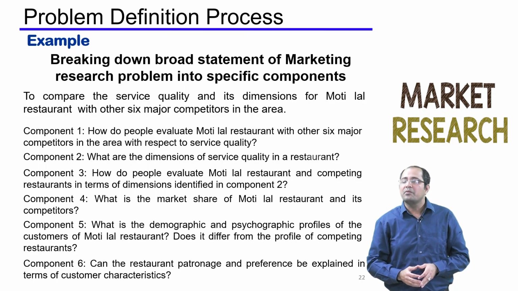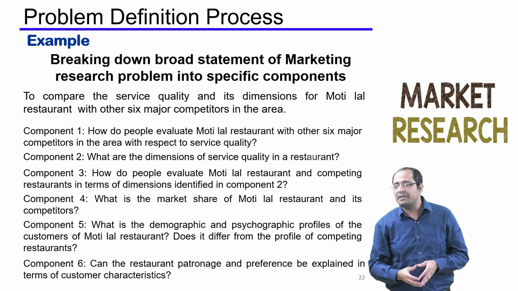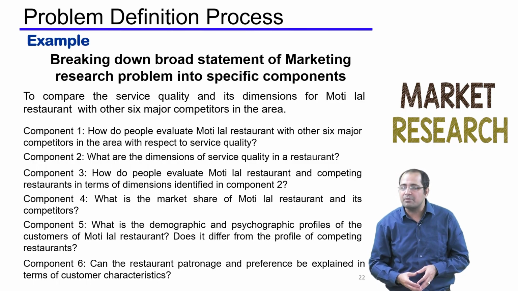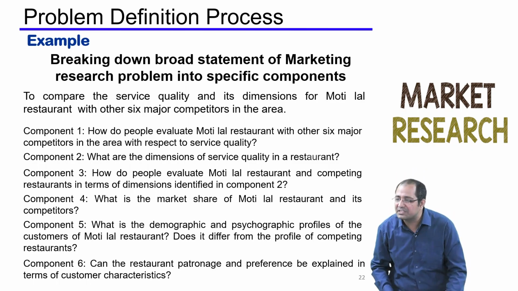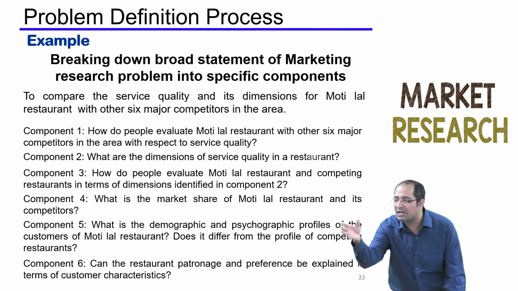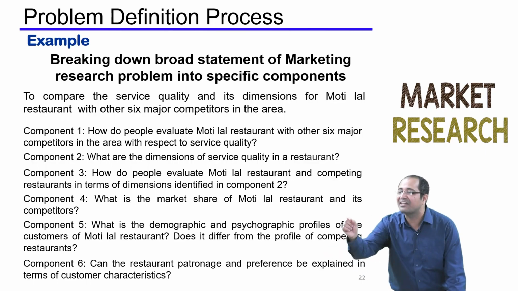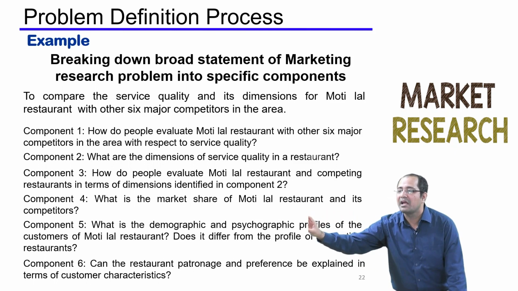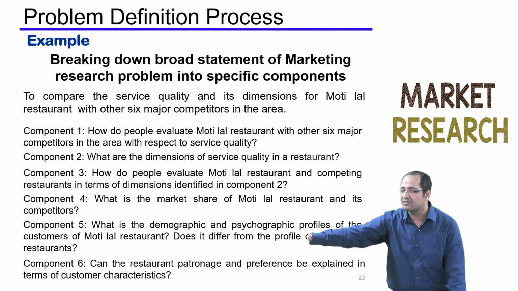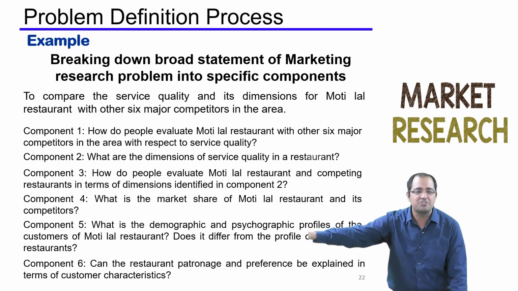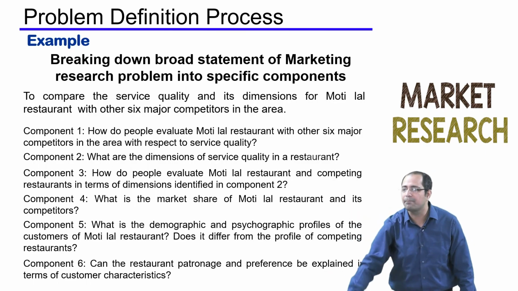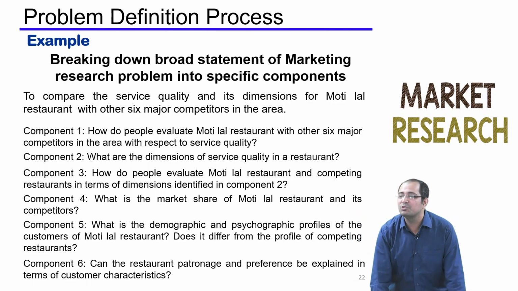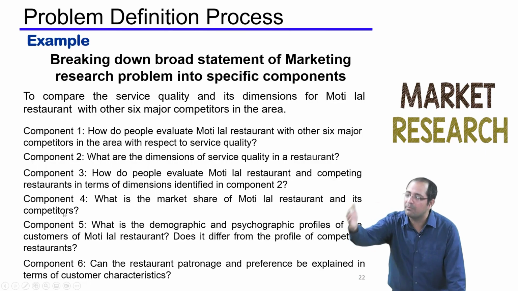And many times there will be a component focused on the customers, where you will want to understand what are the demographics and psychographics of your customers. Are they the same as your competitors', and are there any segments in the market related to restaurant patronage? So these will be the compulsory components you have to write, because marketing is only about customers, right?